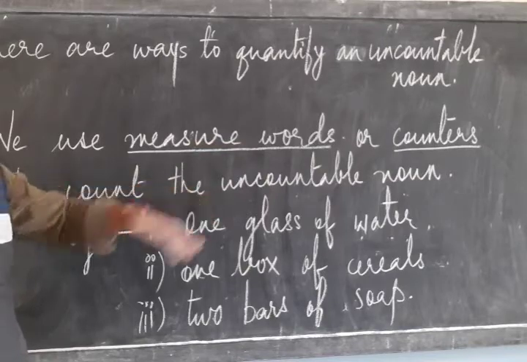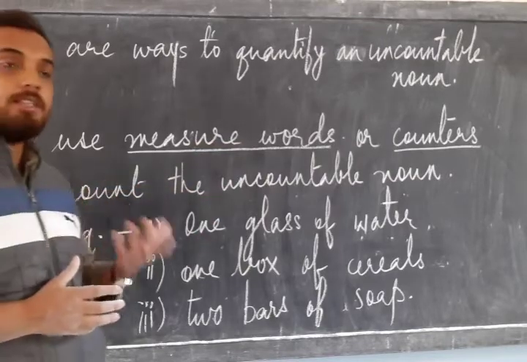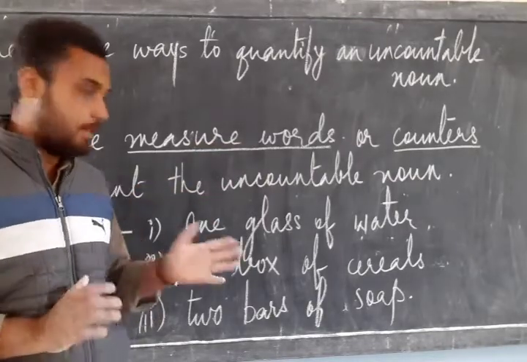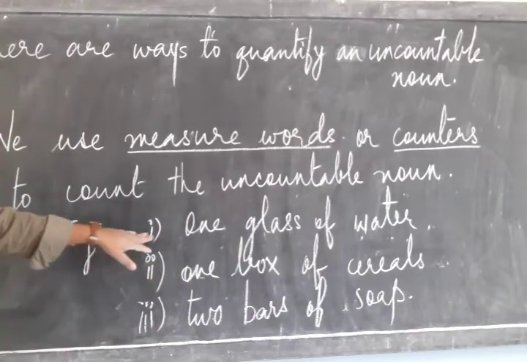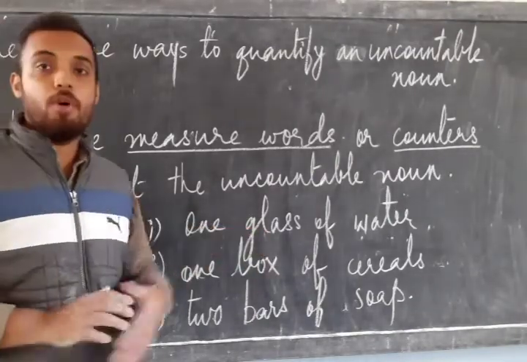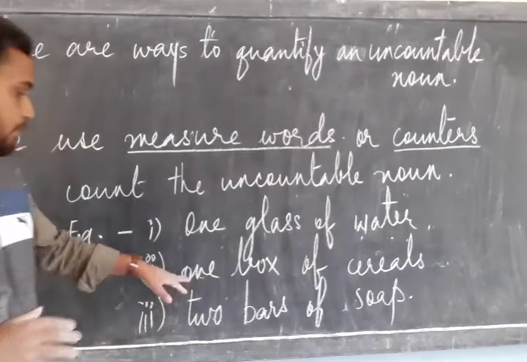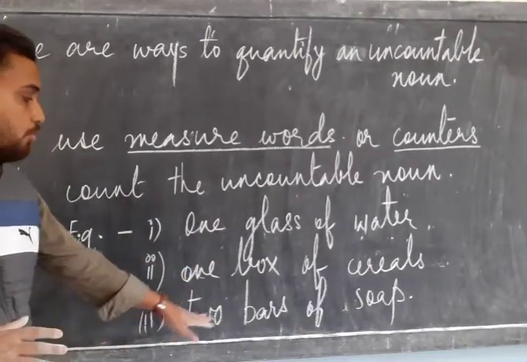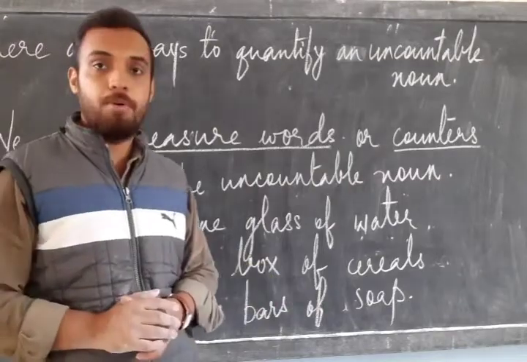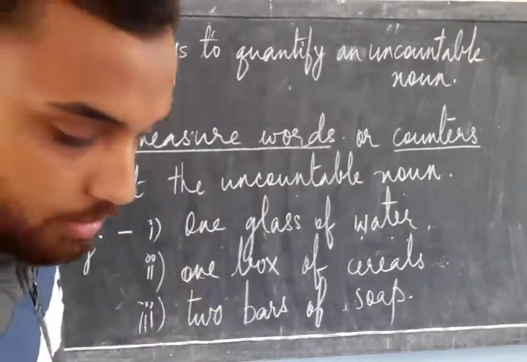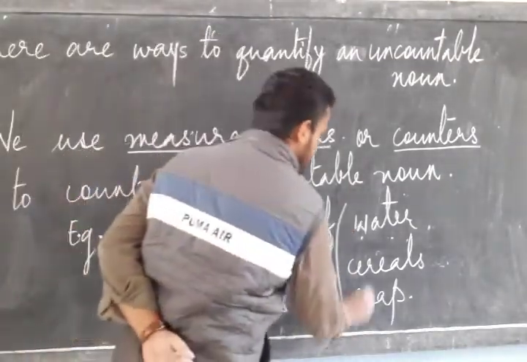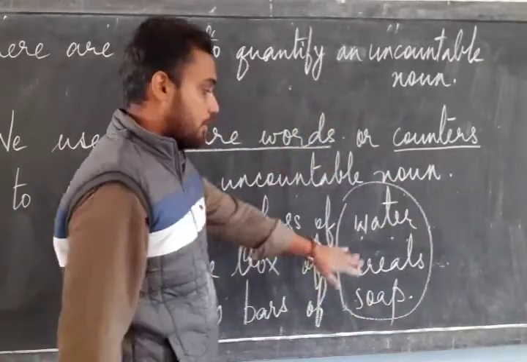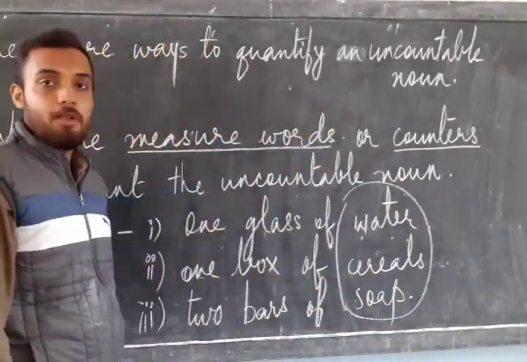Example: 1 glass of water, 1 box of cereals, 2 bars of soap.